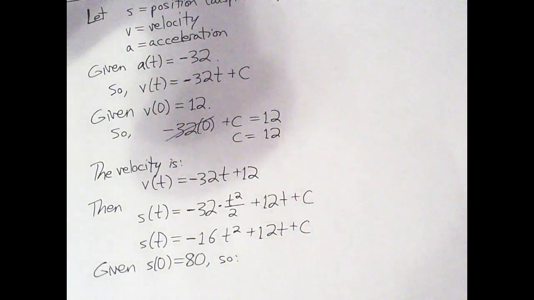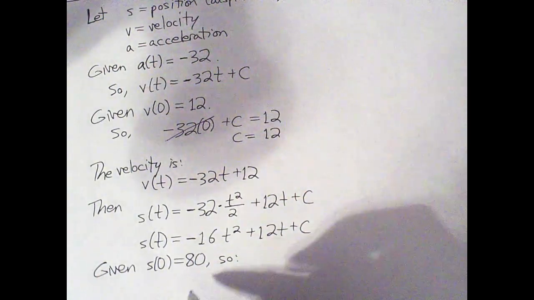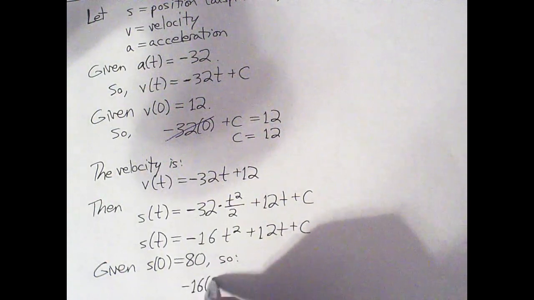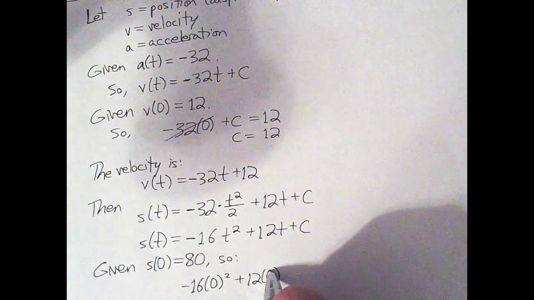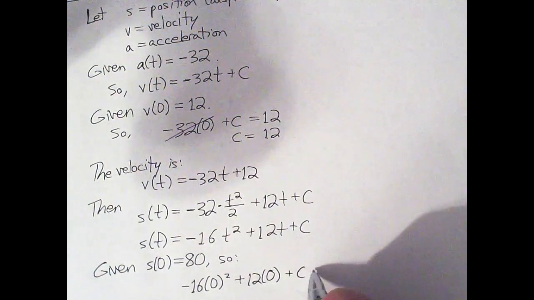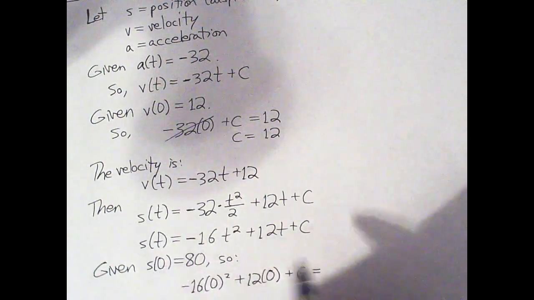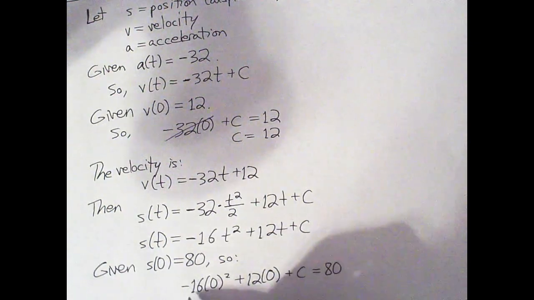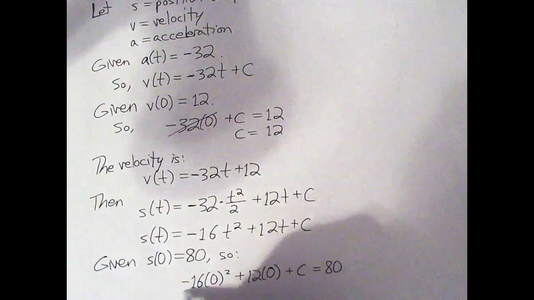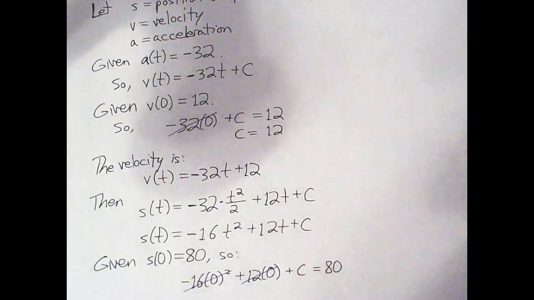So we'll put that in. Negative 16 times 0 squared, plus 12 times 0. It's really nice when the initial value you're given happens at 0, because that's when you tend to get a lot of things canceling. So look at that. Looks like c equals 80.